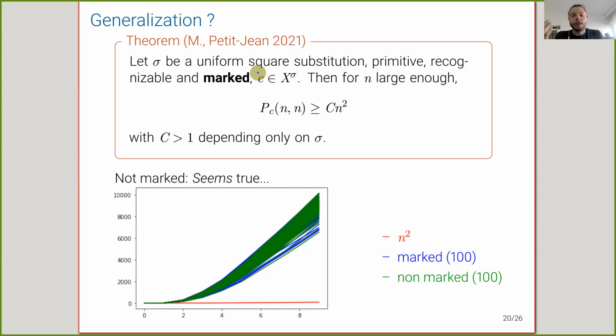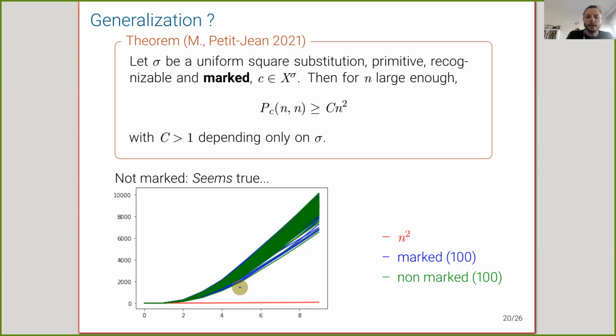And in general, we made some experiments where we took many random substitutions and looked at whether they were marked or not, and computed their complexity experimentally. So we substitute many times, we look at these big configurations and we count the complexity of these big finite patterns, and that gives a bound on the complexity of infinite configurations. And in general, it really seems that marked or non-marked doesn't make a difference on the complexity.